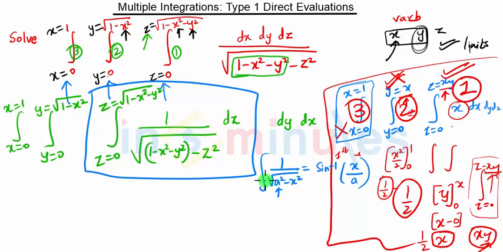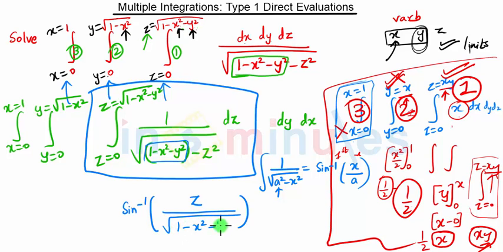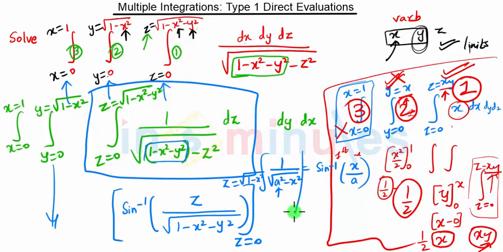Instead of a square constant, we have this constant, and our variable is z. So this integration will be sine inverse of z upon root of the constant. This is the constant, and the root of this term is 1 minus x square minus y square, and here we apply the lower limit of z, which is 0, and the upper limit of z, that is root of 1 minus x square minus y square, and all these terms will remain as they are.